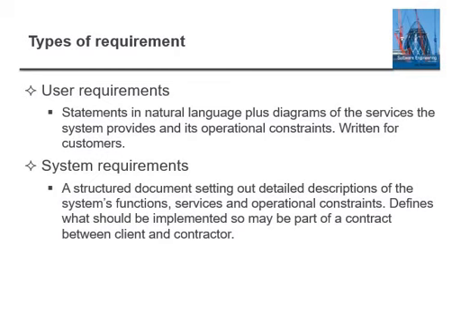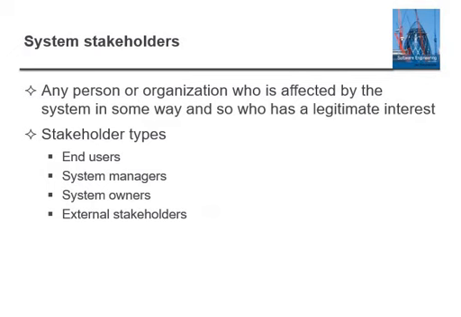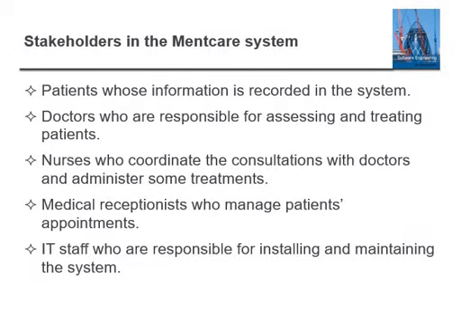Coming to the picture, while gathering the requirements, you have to divide them. Let's say the user requirements, which are for the users of the system. We took the example of the hospital management system and the ERP system. In the hospital system, the users would be patients, doctors, nurses, receptionist, and the IT staff.